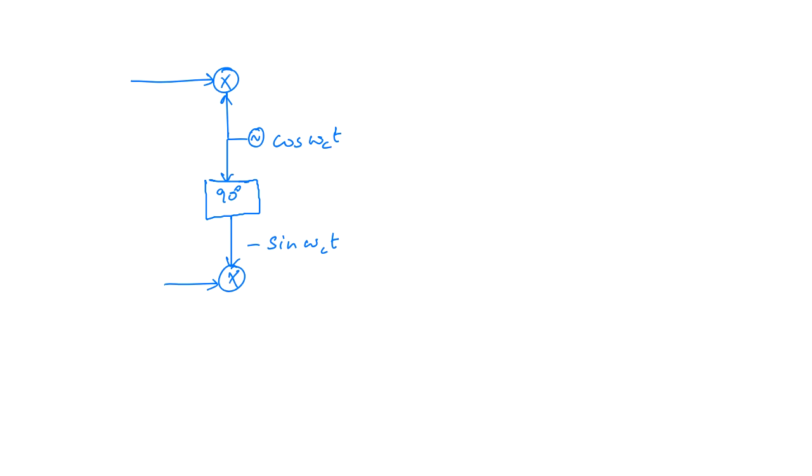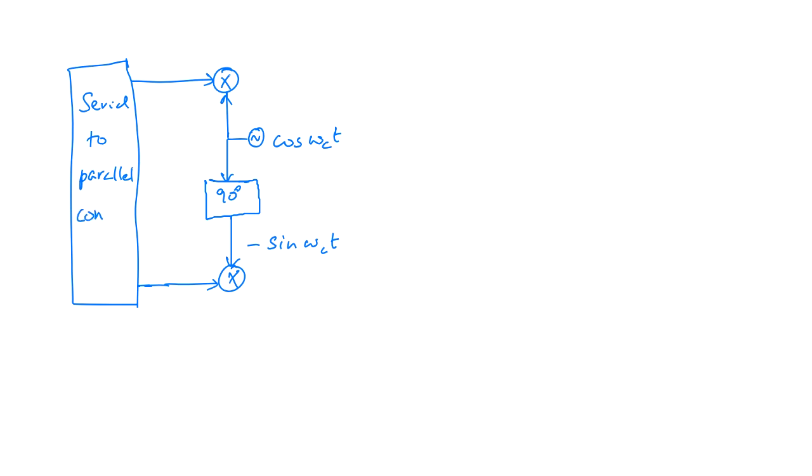So now what we have is, because we are having two carriers, we need to divide our information bits into two parallel streams. So we call this the serial to parallel converter.